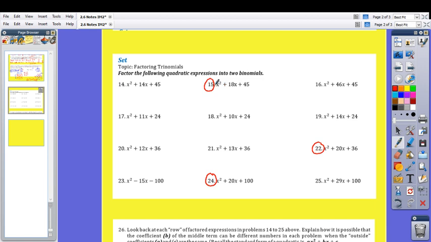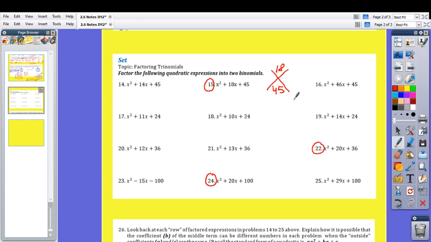So 45 times 1 is 45. So 45 will go here. 18 will go here. So now we are figuring out two factors of 45 that give you 18 if you add them.